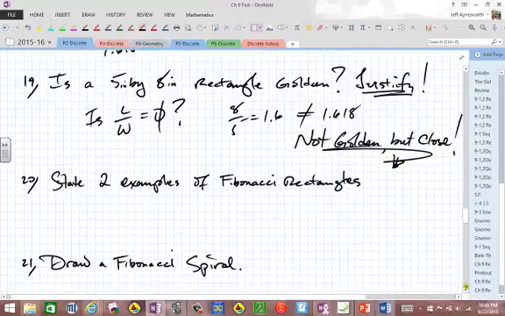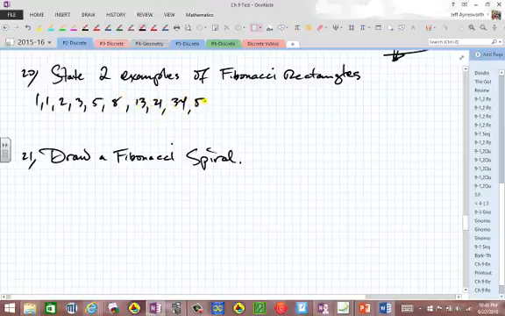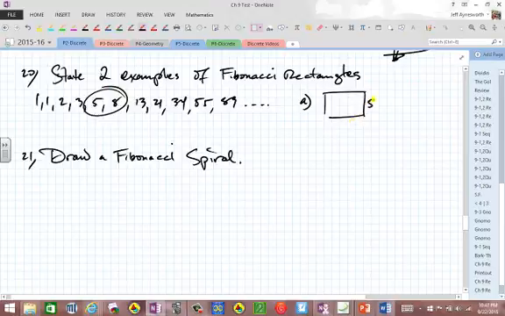All right, next one. Give 2 examples of Fibonacci rectangles. Well, the first thing you have to do is generate the sequence: 1, 1, 2, 3, 5, 8, 13, 21, 34, 55, 89. This is the Fibonacci sequence. So one rectangle would be 5 by 8.